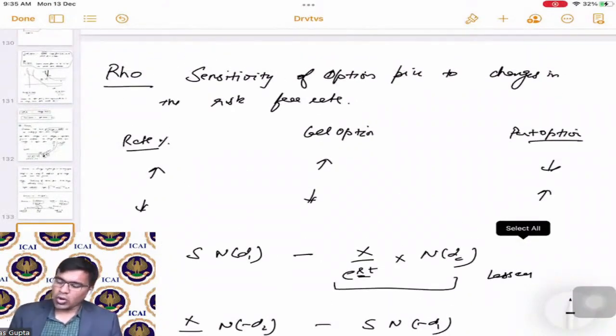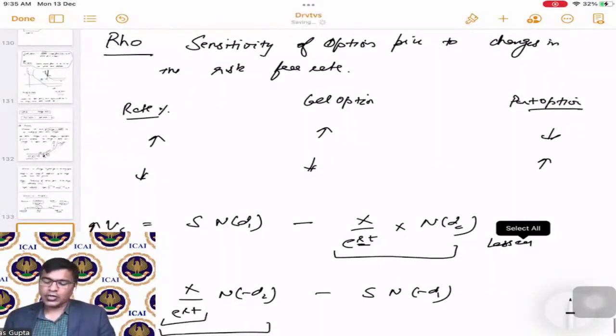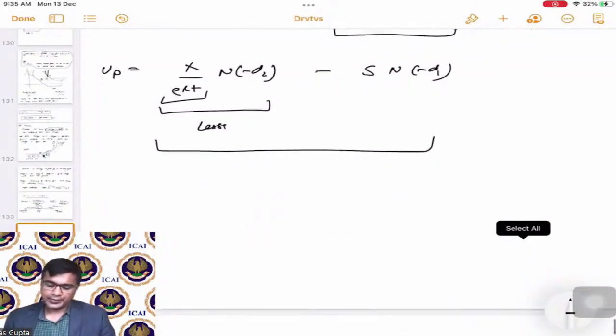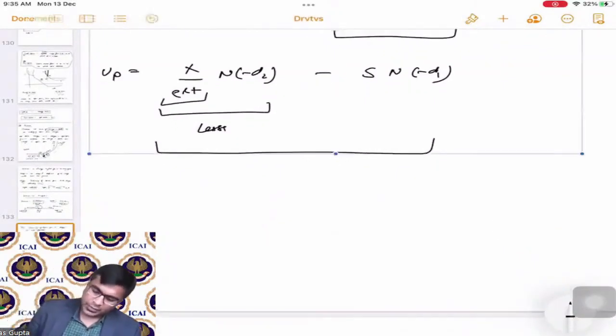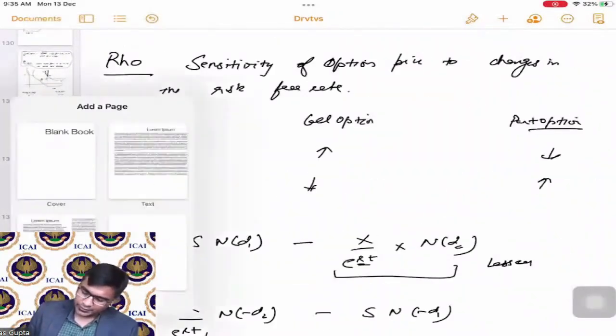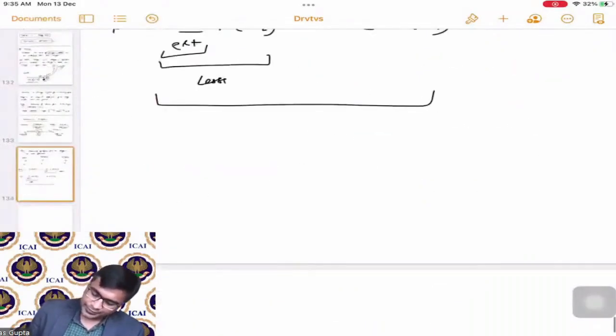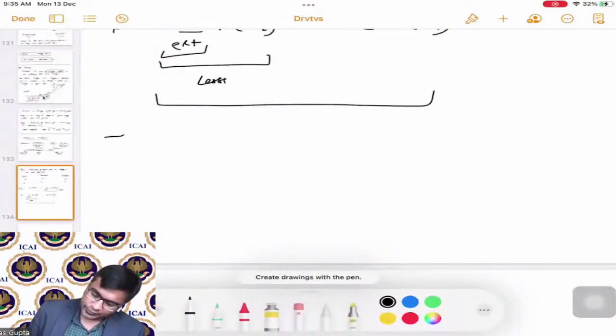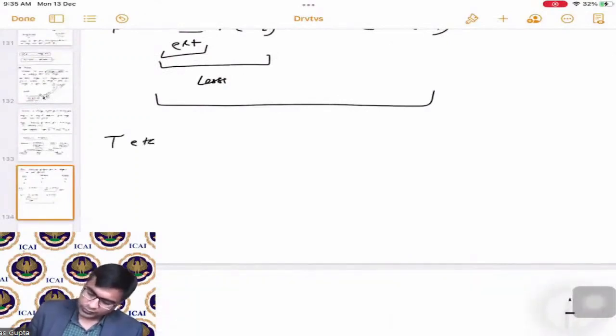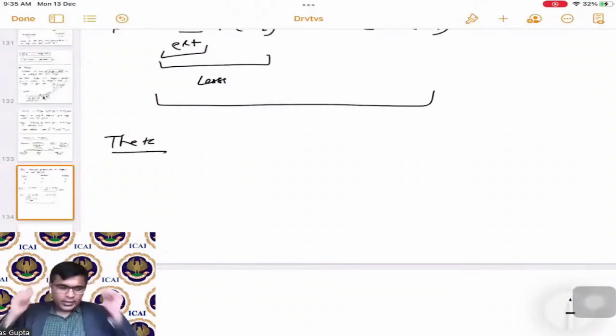So both call option and put option are related to the rate, but in such a manner that call option is positively related and put option is negatively related. Now, coming to the last point, which is theta. This is called theta. Theta is actually related to the passage of time.